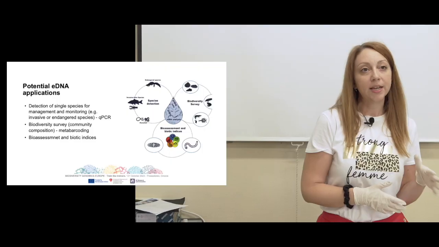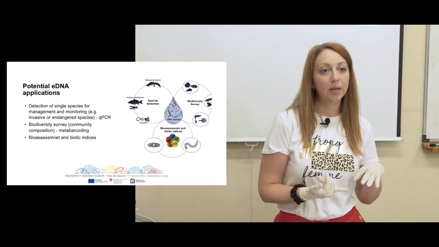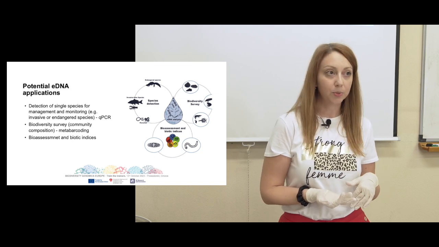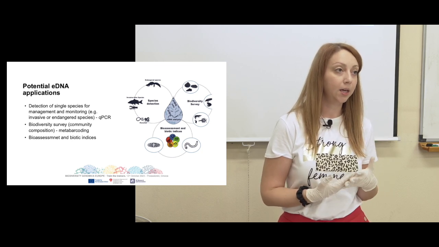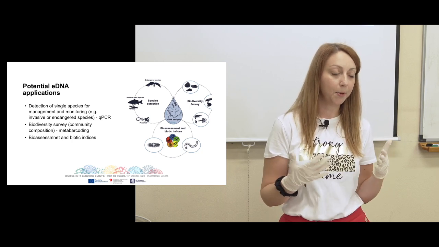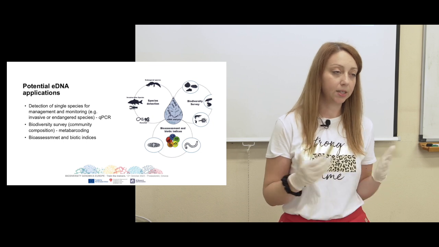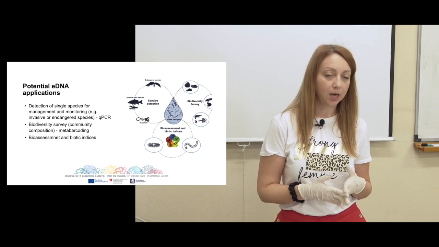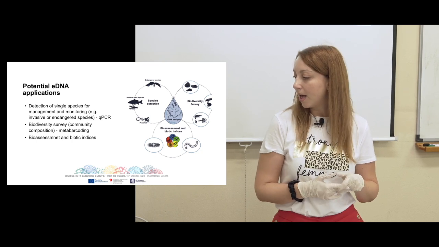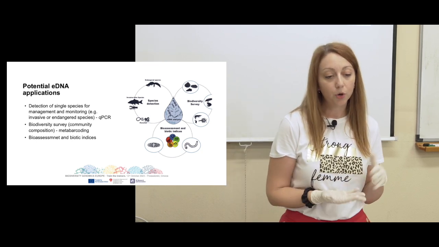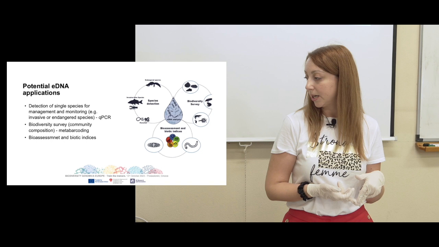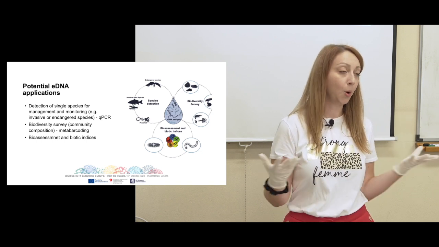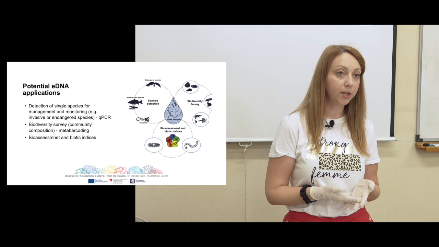As regards the potential eDNA applications, maybe we talk about the detection of single species, developing single species approaches, maybe by using qPCR, or we are talking about biodiversity surveys, so as to find out the community composition by using metabarcoding.